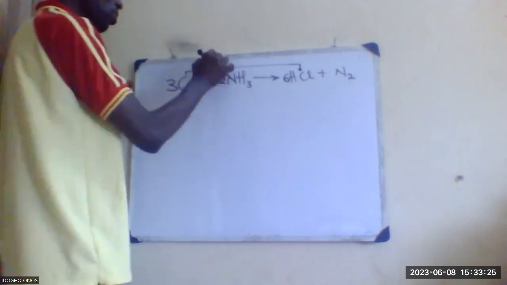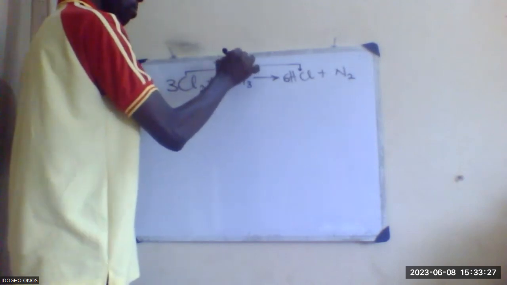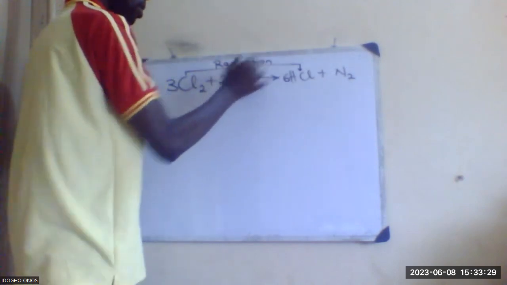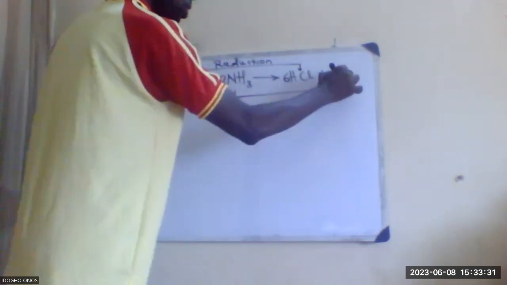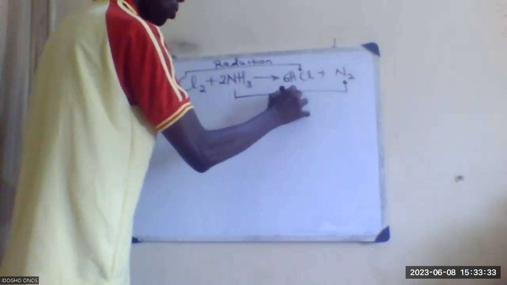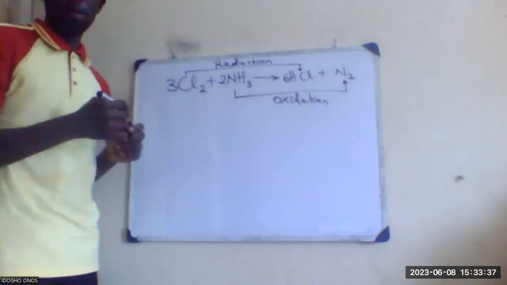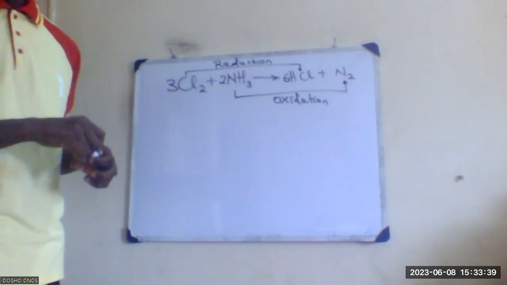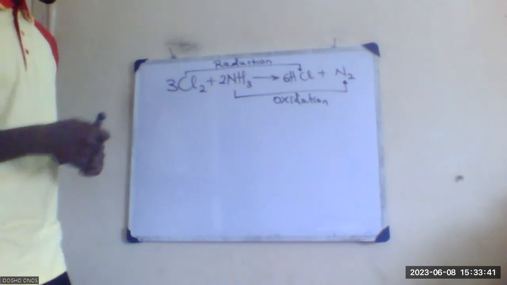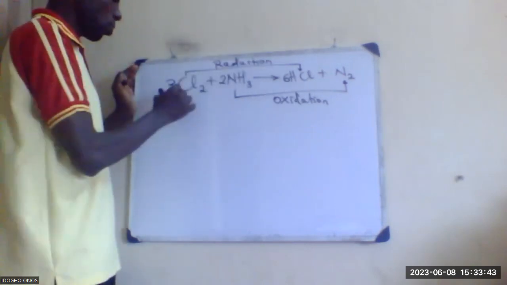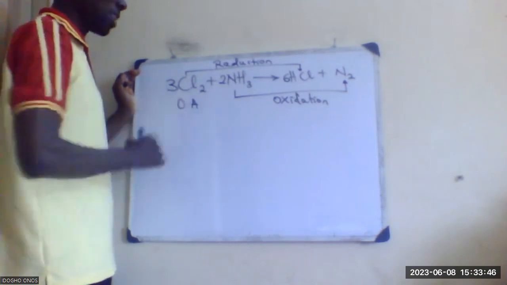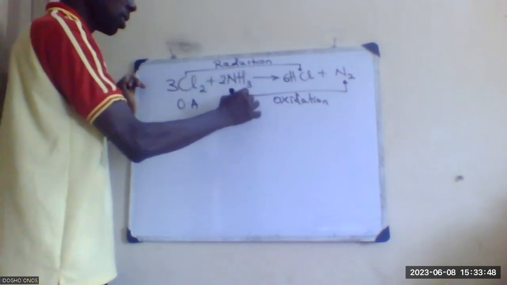So this is reduction, and on coming here, hydrogen has been removed. This is oxidation. So if this is undergoing reduction, this is my OA, the oxidizing agent, and this is the reducing agent.